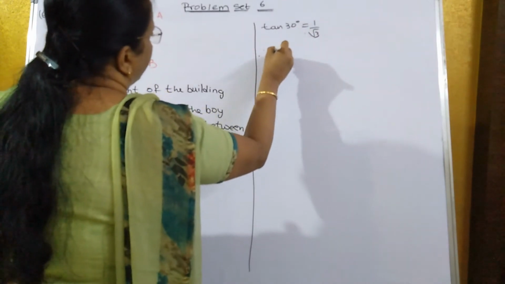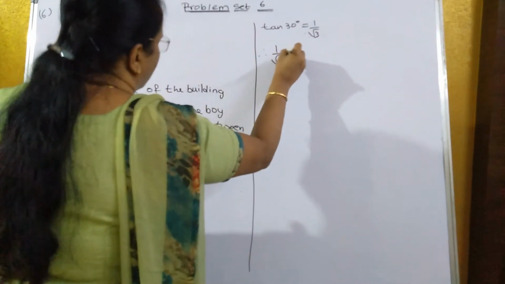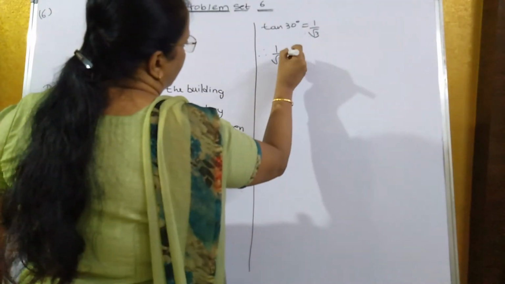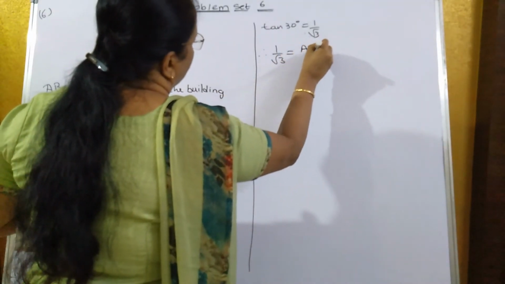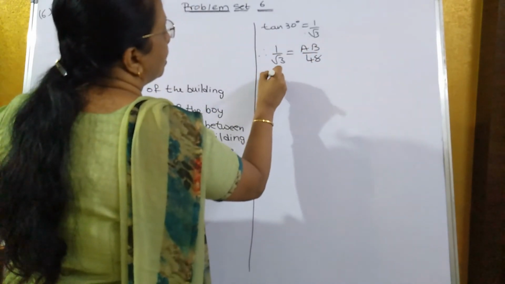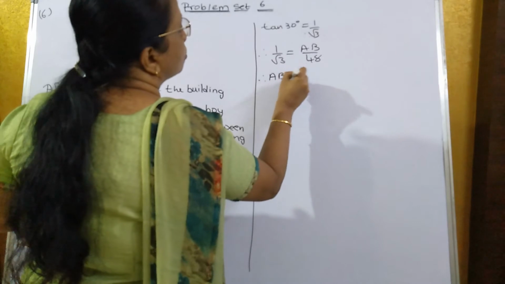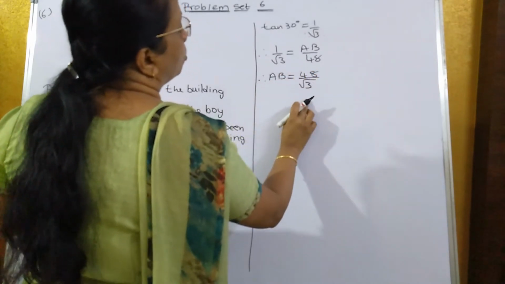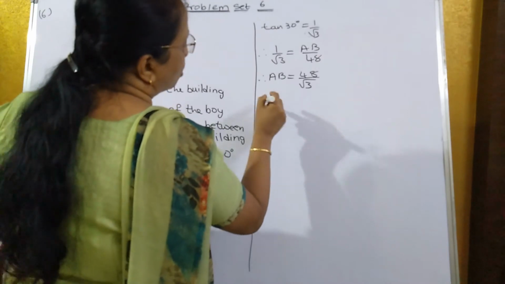Therefore, 1 upon root 3 is equal to AB upon 48. Now take this 48 on this side, so what will you get? AB is equal to 48 upon root 3. And we never keep a root in the denominator, so we have to rationalize the denominator.